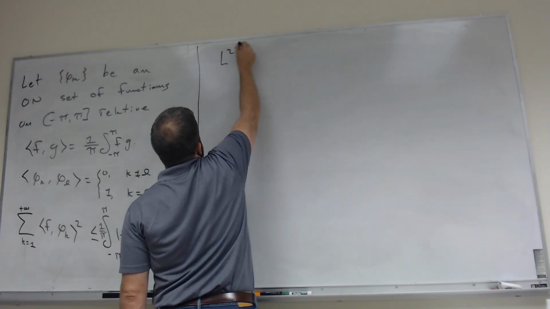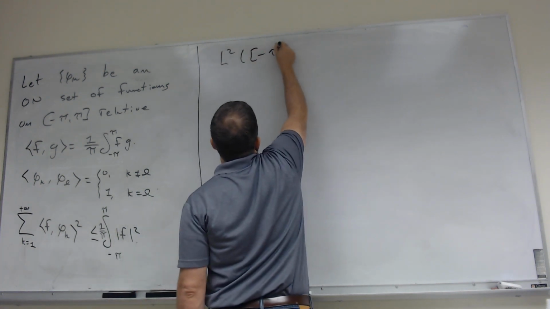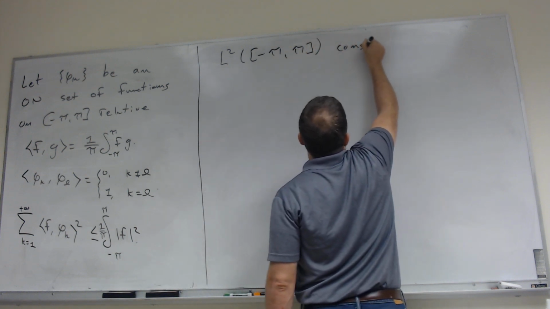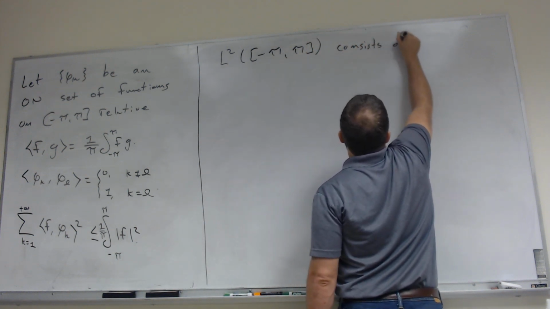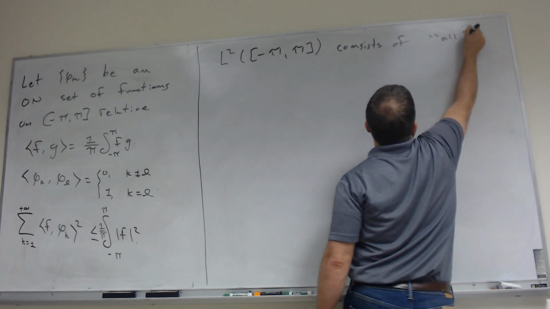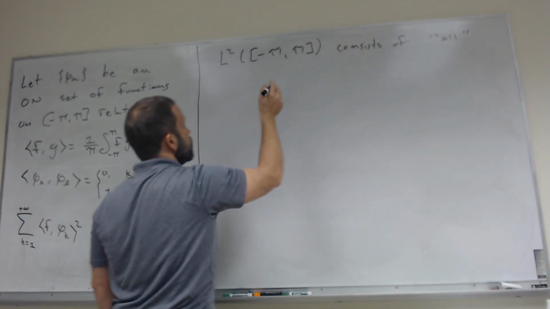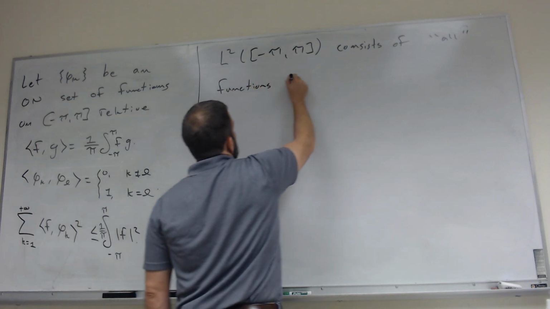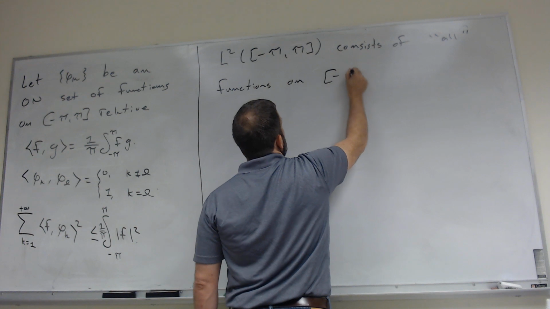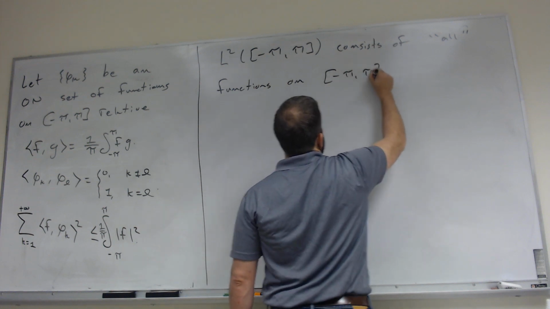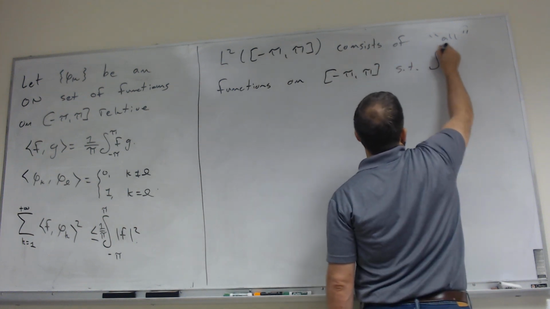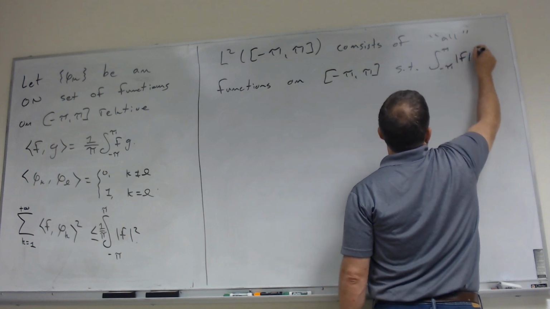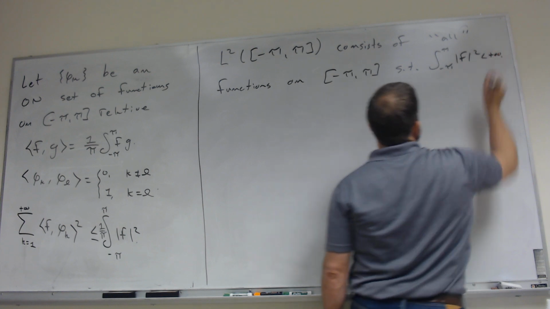So the space L2 of minus pi to pi consists of all, and I'll say why I'm putting quotes there in a minute, all functions on minus pi to pi such that the integral from minus pi to pi of f squared is less than infinity.